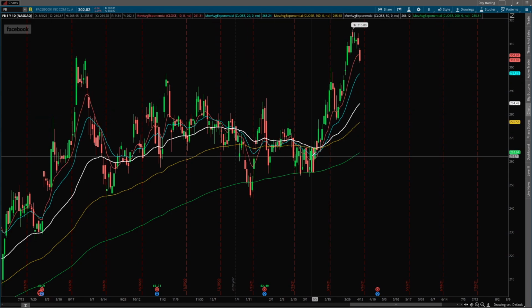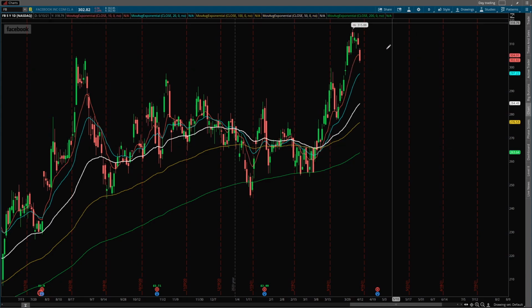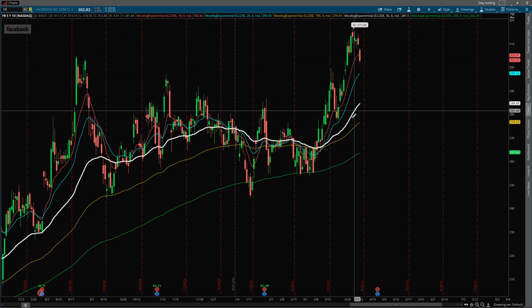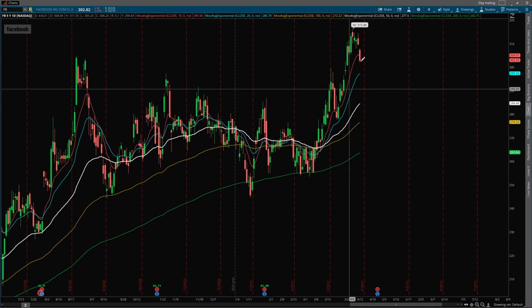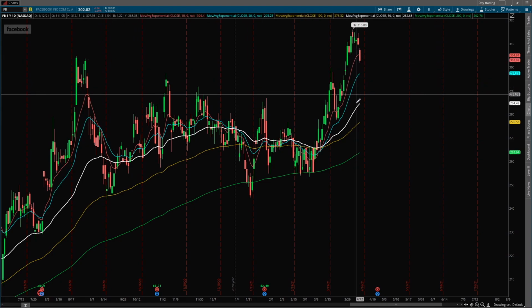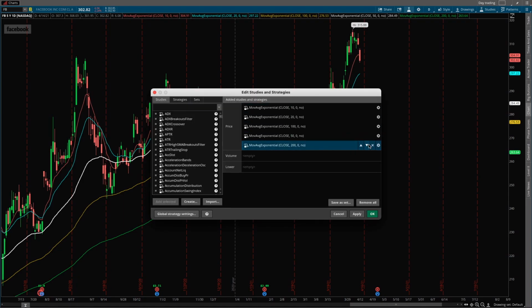So again, they do have their use, specifically if you are doing a longer term trade. But the ones moving faster are going to be the 10, the 20, and the 50. So, just to indicate the trends, I'm going to take out the 100 and the 200 so we can see the others.